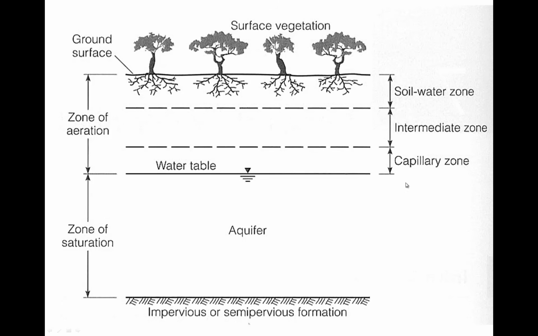And so the capillary zone is where water is sort of wicking up from the water table, and underneath the water table all of the openings between soil grains are full with liquid, but in the capillary zone there's a little bit more moisture than there ordinarily would be in the intermediate zone, because it's wicking up from the aquifer.